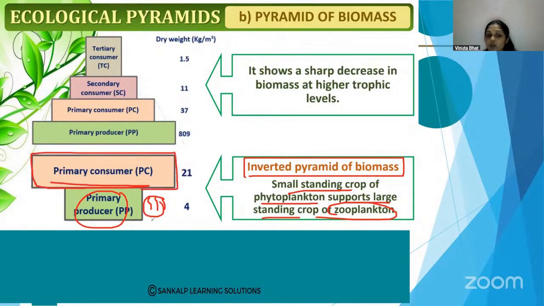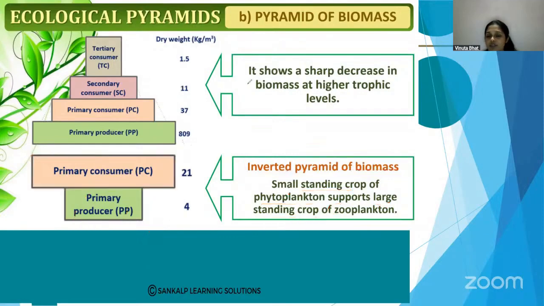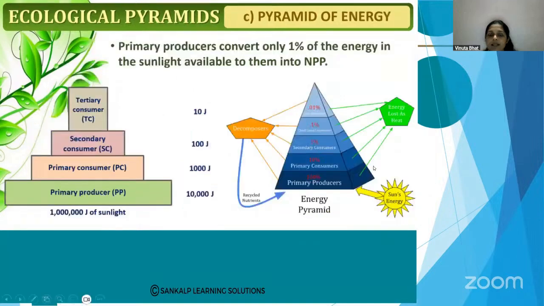If you consider an aquatic ecosystem, the primary producers have less biomass compared to the primary consumers, so that is called the inverted pyramid of biomass. So in biomass we can see two types of pyramids: the upright pyramid and the inverted pyramid. Then the pyramid of energy.